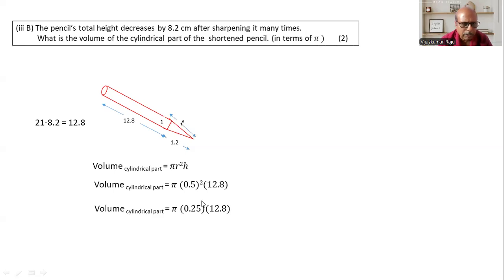Put the values. So this is 0.25 into 12.8, multiply, 3.2 pi. So volume of the cylindrical part of the pencil is 3.2 pi centimeter cube. Okay, why? Because it's volume. Volume is in cubic units.